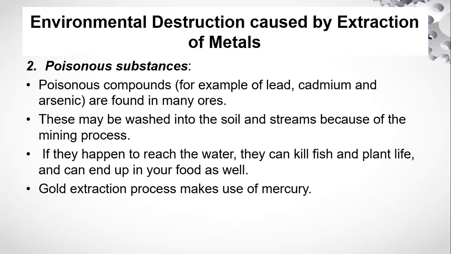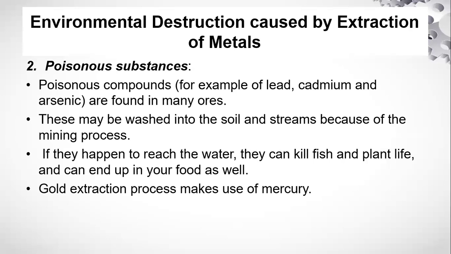If they reach the water, they can kill various aquatic life, such as fish and plant life, and they can end up in your food as well, since we can consume things such as fish and plant life.